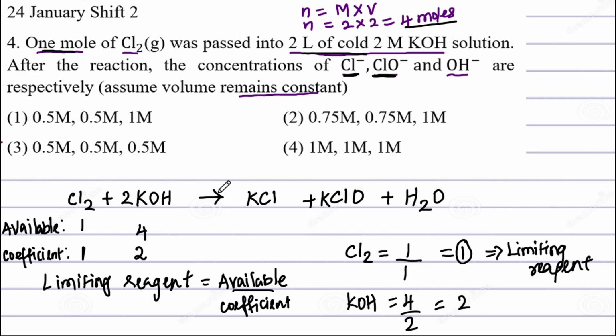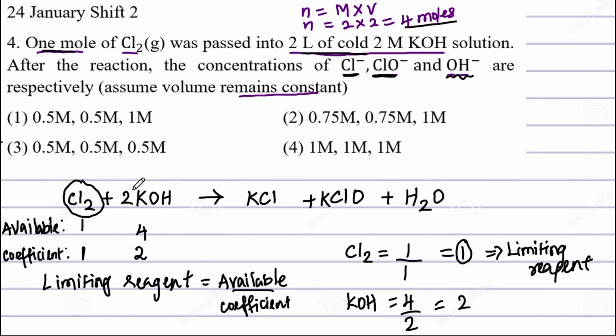So what is the use of the limiting reagent? The limiting reagent decides the number of moles of the product formed. For that only we are finding the limiting reagent. Now in the question, another ion is also mentioned, OH minus. How did OH minus come into this equation? It is nothing but the reactant.